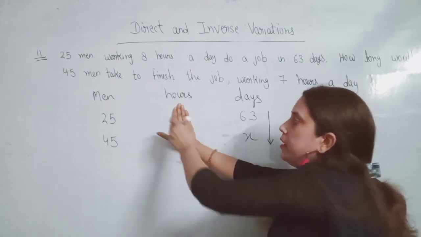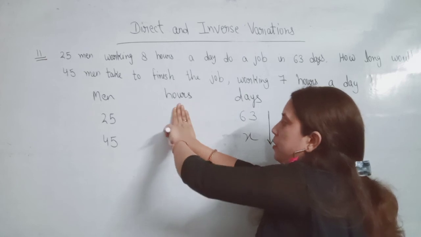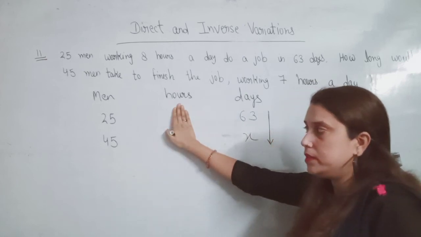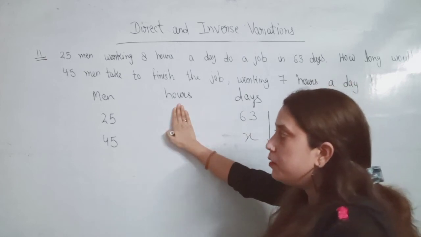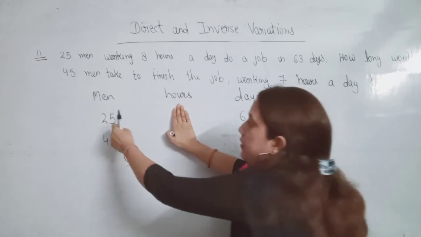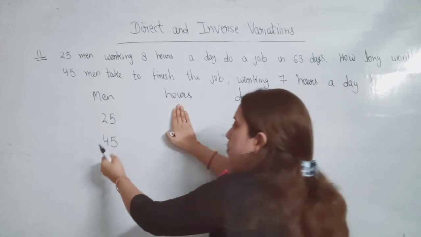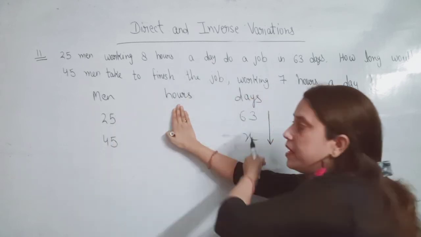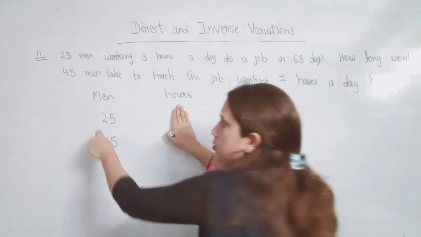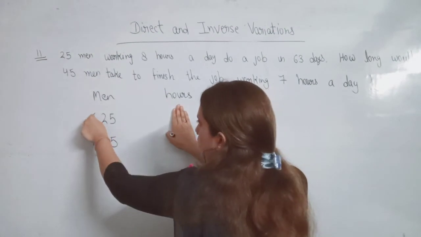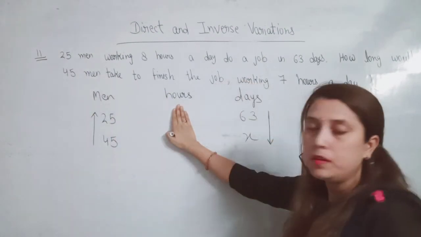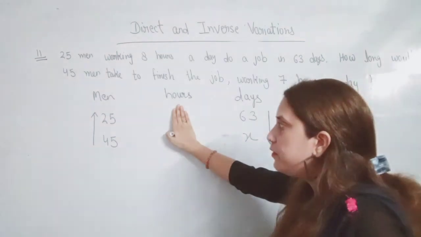So it will be the inverse variation, because 25 men complete a work in 63 days. If we increase the number of men, then the number of days will be decreased. So the arrow is on the decreasing side, in the direction of 25.